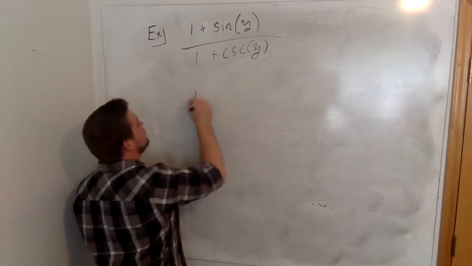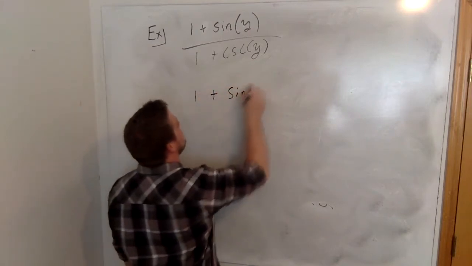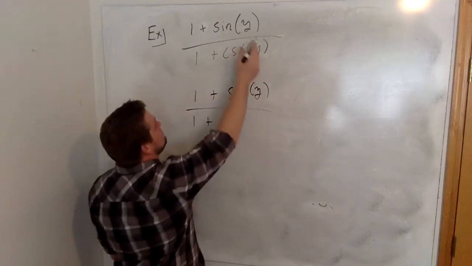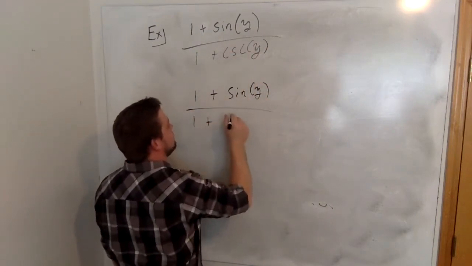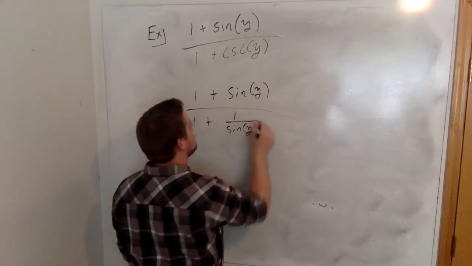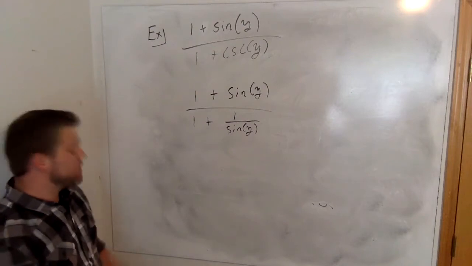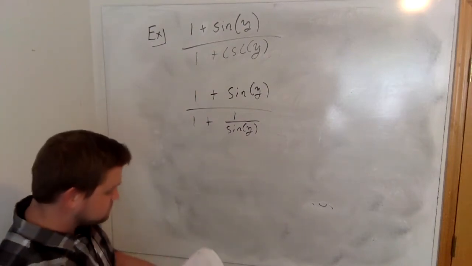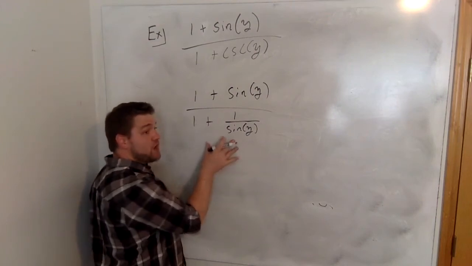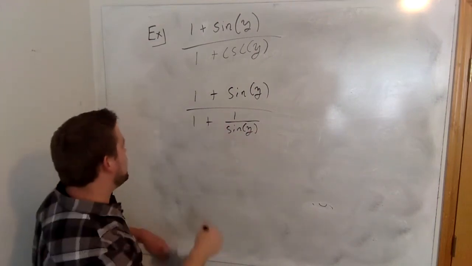So how about we write this as 1 plus sine of y all over 1 plus, well, let's see, what is cosecant? That's the same thing as 1 over sine of y. Now from here, there are two things we can do. You could find a common denominator in the bottom and flip and multiply. How about we do that version really quick?